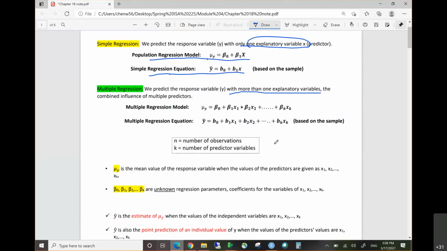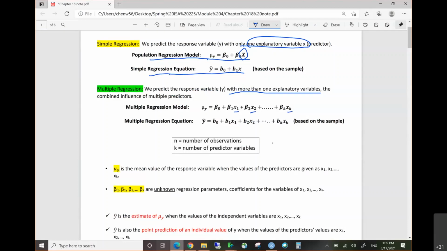Similar to simple regression, the only difference is that now we have multiple predictors, multiple explanatory variables: x1, x2, until xk. So you can add as many as you want.